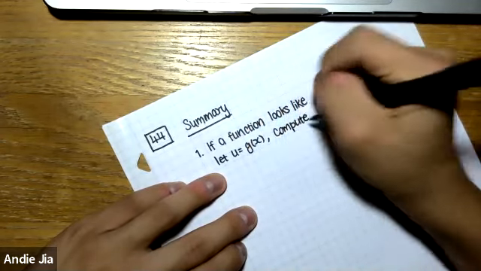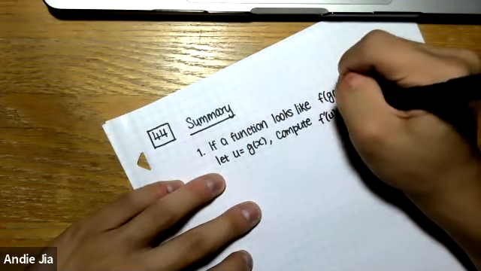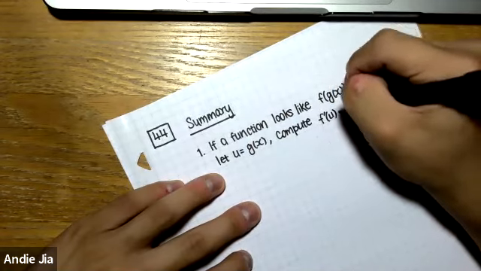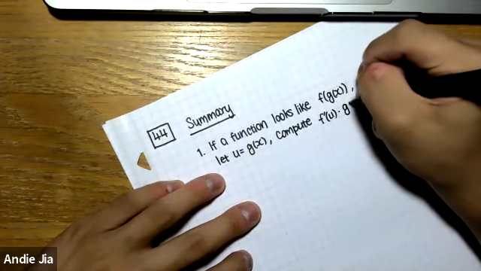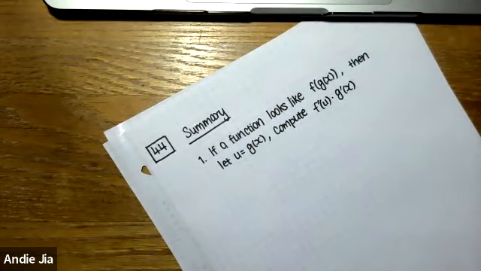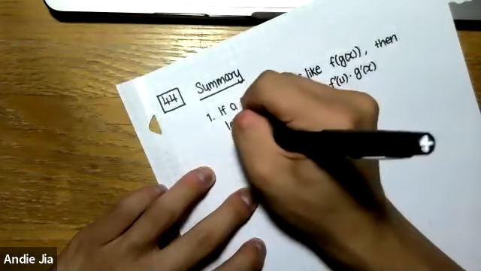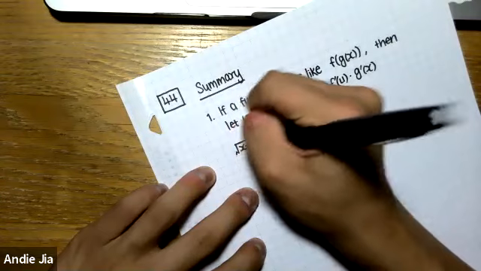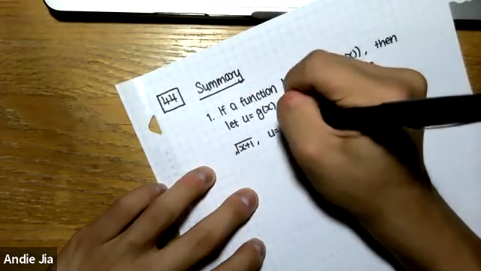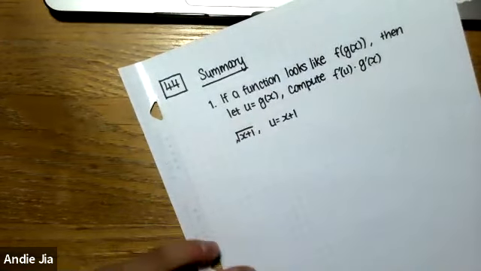Compute f prime of u times g prime of x. So if a function is like this, let u equal x plus 1 and compute two functions.